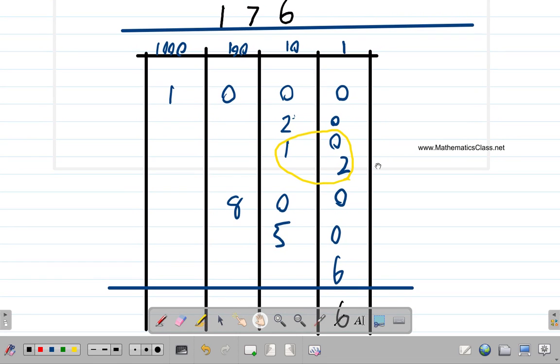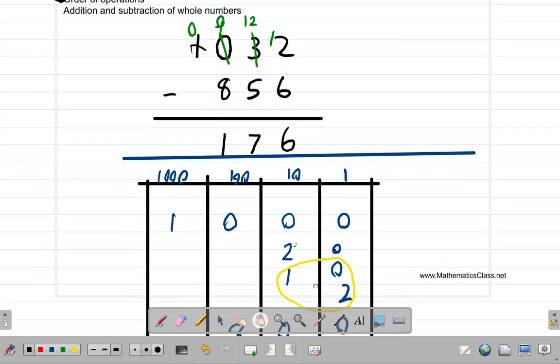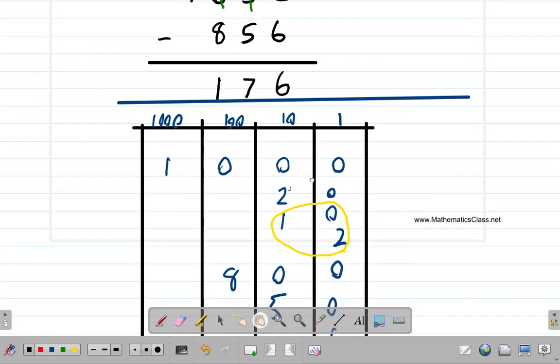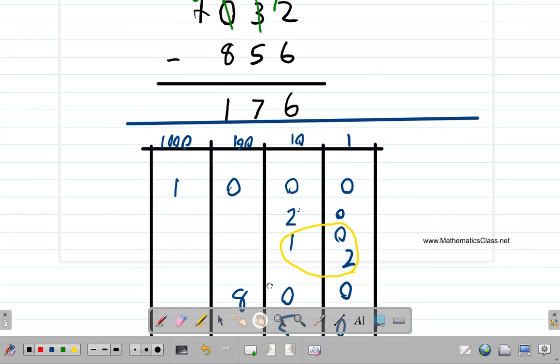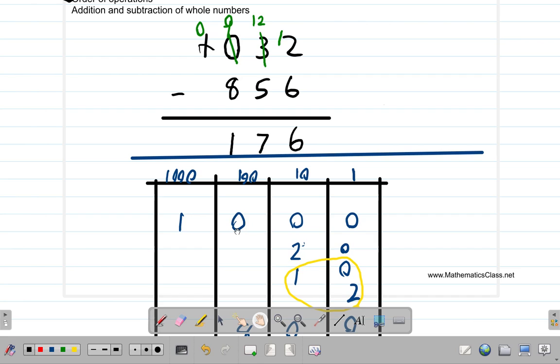Then after that, you said 2 minus 5, you can't. You went over here and you borrowed 1 from 0 and you couldn't.